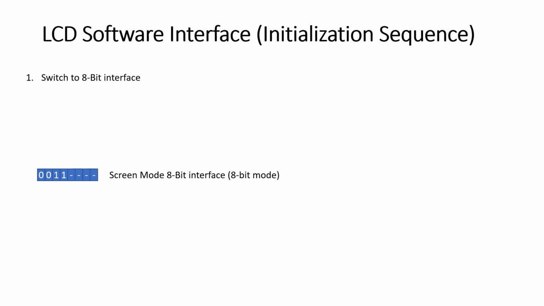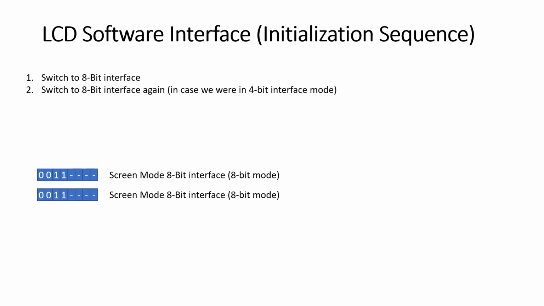So first one has to switch to the 8-bit interface, and that must be done again in case that we are in the 4-bit interface mode at the time that we try to switch, and because the system waits for 2 half bytes, we have to send the sequence switch to 8-bit interface twice.